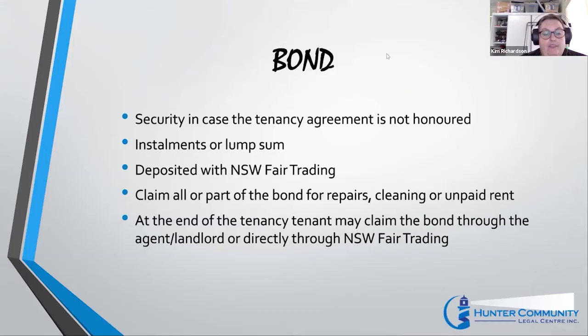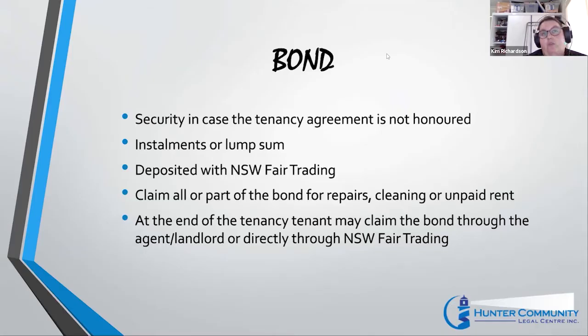Now, if the landlord or the agent wants to make a claim for the bond without your agreement, they must give you a copy of the condition report that was completed at the end of the tenancy agreement, and copies of estimates, quotes, invoices, or receipts for work they are claiming, and they must provide these to you within 7 days of making the claim.